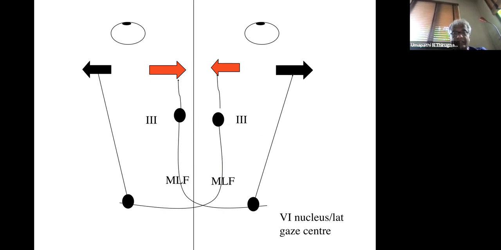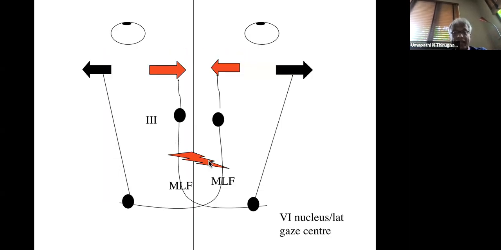In this particular case, this lady has a tumor in the pons that's demyelinating the medial longitudinal fasciculus. Therefore, when she looks left and looks right, she has bilateral INO. But in the midbrain, her third nerve nucleus is perfect. The convergent fibers go directly to the third nerve nucleus in the midbrain, and she's able to converge beautifully.